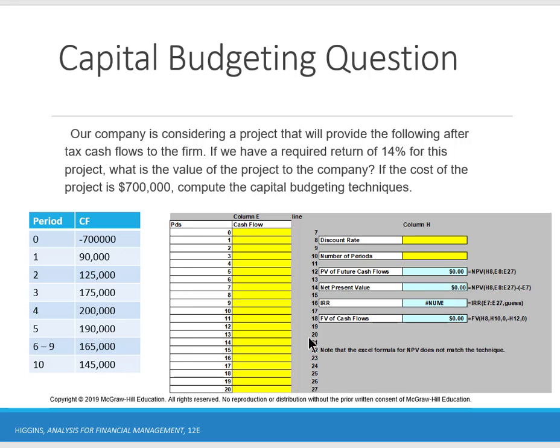Now, one way we can do this is through a worksheet that's called the mixed cash flow worksheet for time value. Now, you could do this by hand, but you would have to calculate the present value of every cash flow, and that obviously would take some time. So, using a spreadsheet, it's much easier to do those calculations.